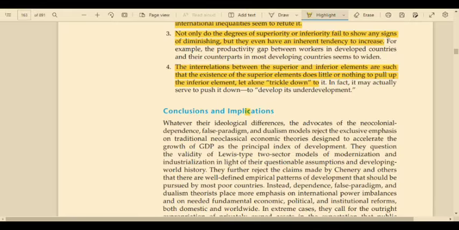Okay. So the interrelations between the superior and inferior elements are such that the existence of superior elements does little or nothing to pull up the inferior element, let alone trickle down.